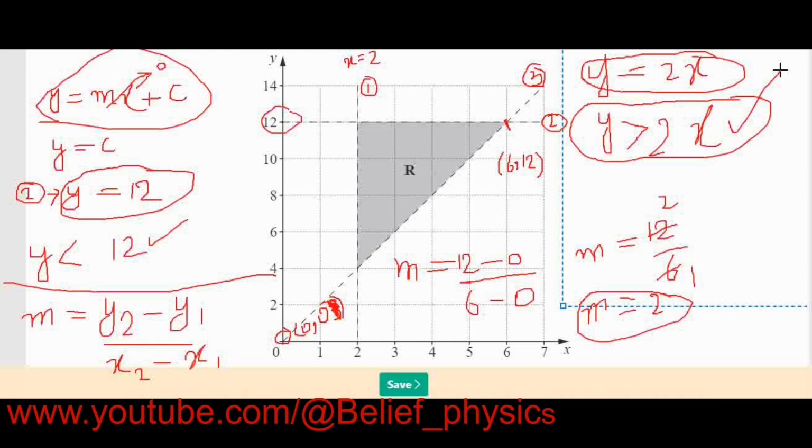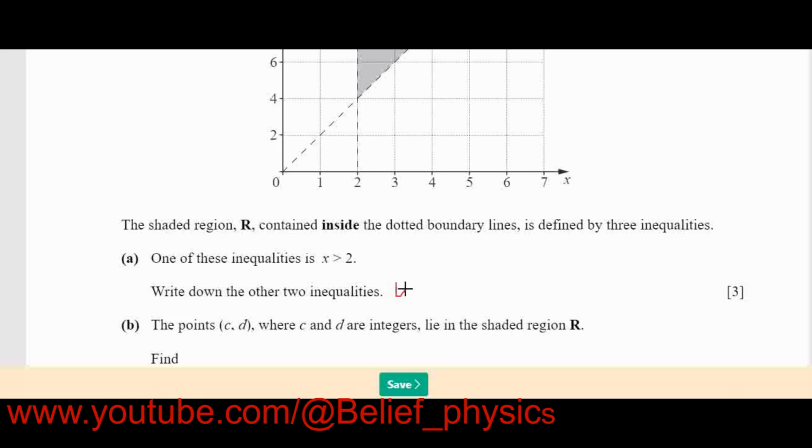The two remaining inequalities that define the region are y is less than 12 and y is greater than 2x. Okay, so these are the two we have just found.